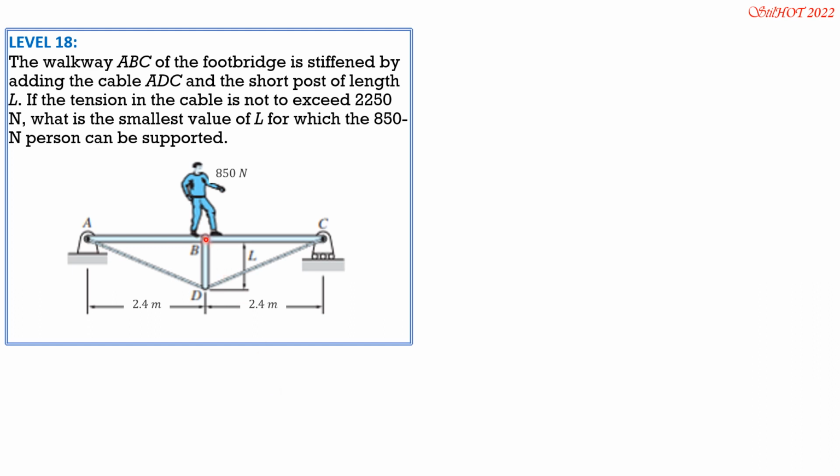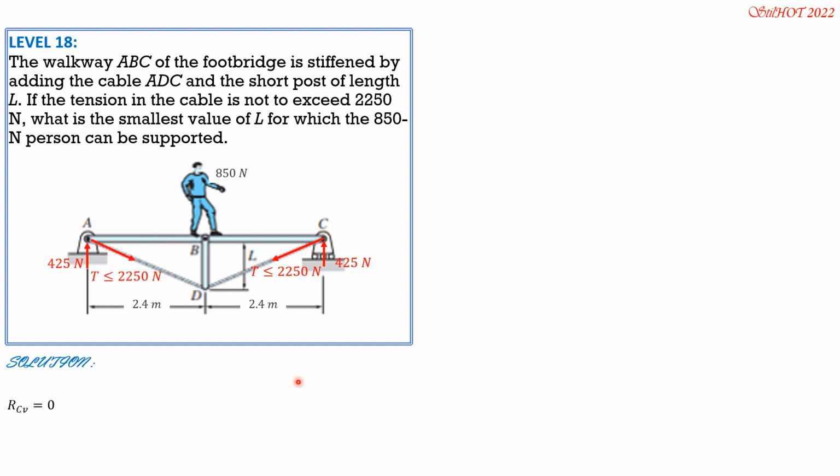So he should position himself at B, so that the vertical reaction here is equal to half of 850. This is 425. The tension is limited not to exceed 2250. So therefore at C, RC vertical equals 0.